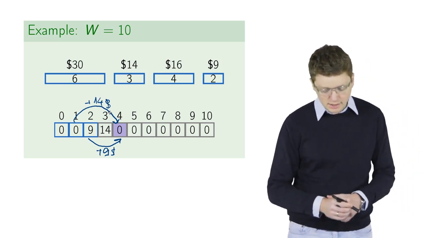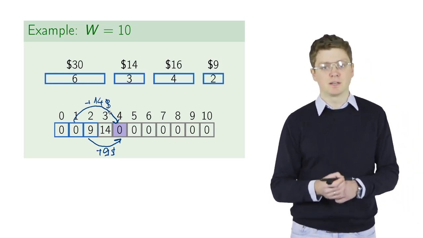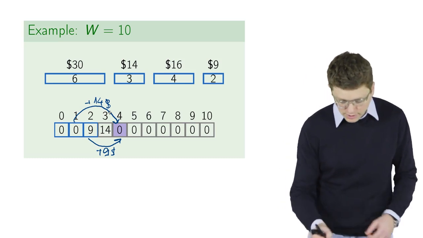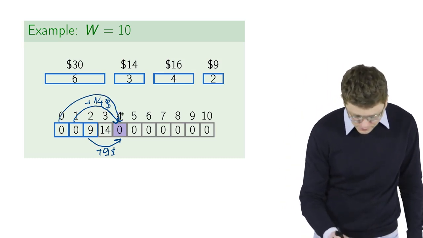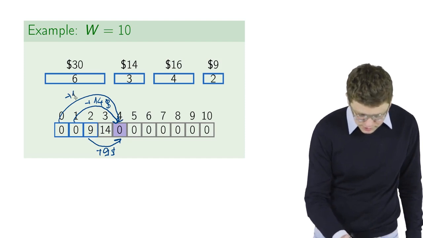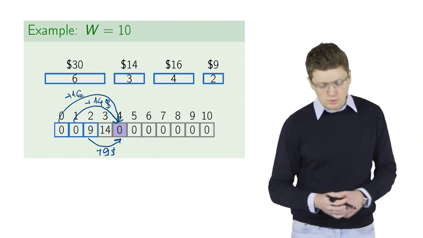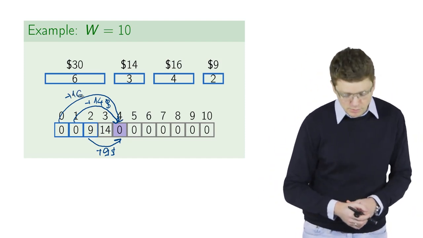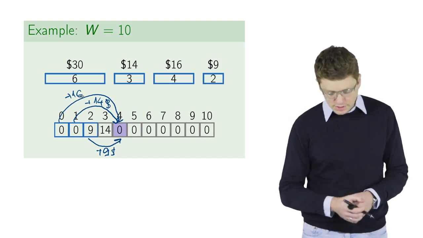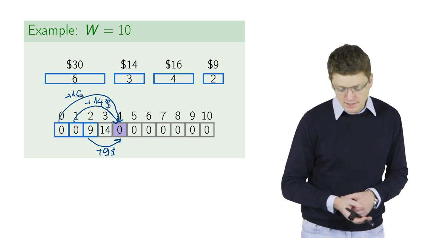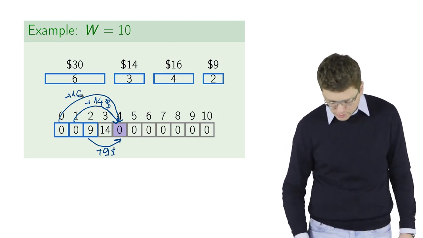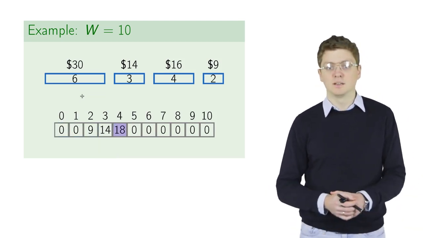Or we can take an optimal solution for a knapsack of total weight 0 and add the third item, so this is plus 16. Right? So in this case, we need to select a maximum among 16, 14, and 9 plus 9, which is 18. In this case, 18 is the maximal value, so we write it in this cell.